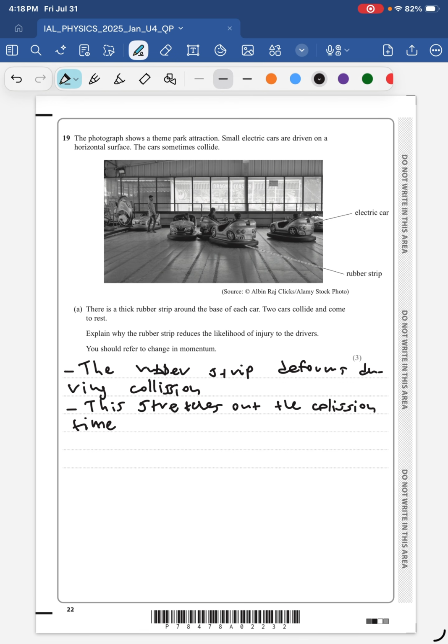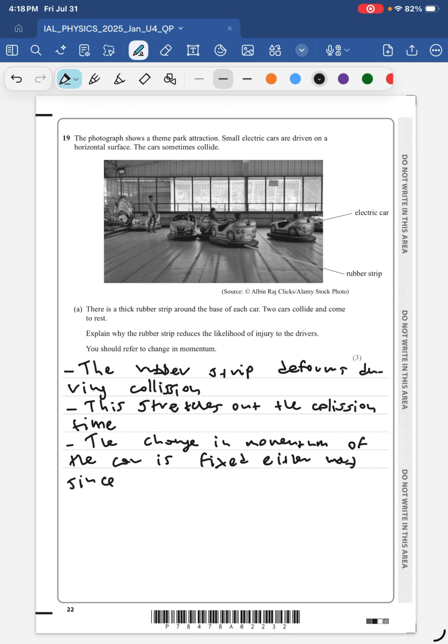The change in momentum of the car is fixed either way, since the cars end up at the same speeds.